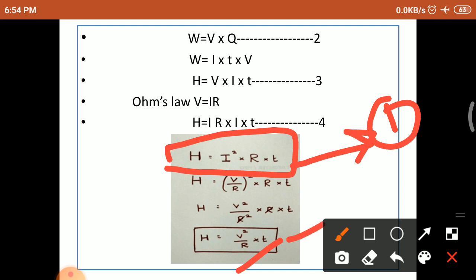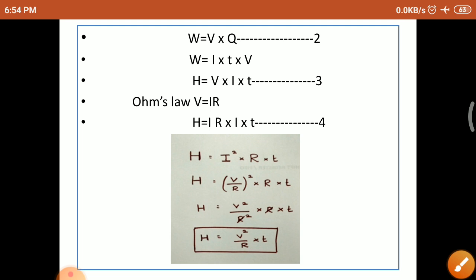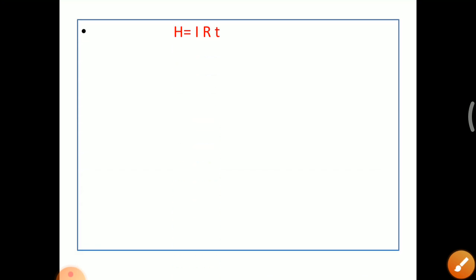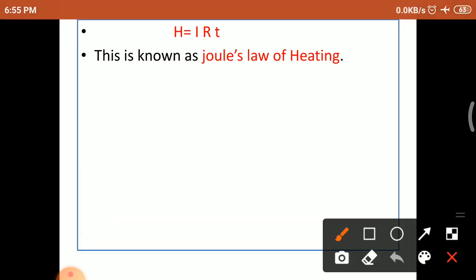This is the first formula, this is the second formula. H equal to I squared RT, or H equal to V squared by R into T. Here the square is missed, please put the square.